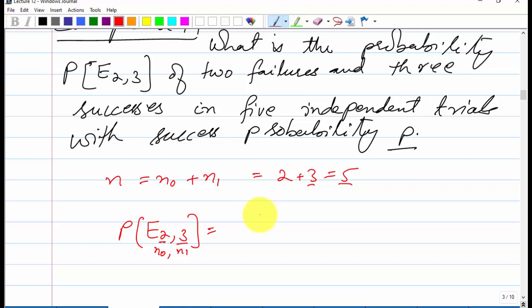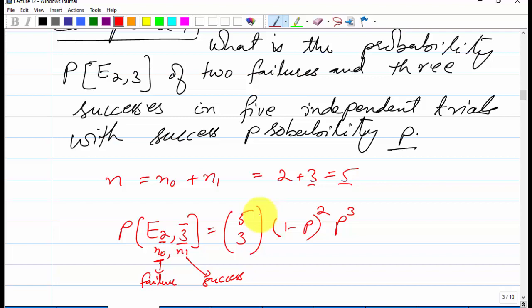We are looking for the probability of success, so we can write 5 choose 3 possible combinations. And the probability of n naught failures is 1 minus P. How many failures do we have? 2. And how many successes? 3.